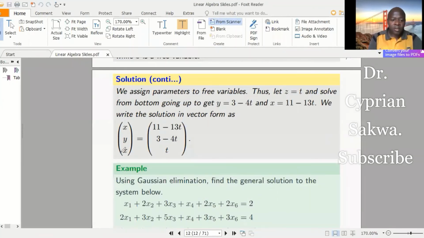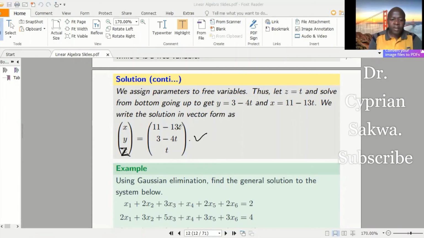Just a slight correction: this is z. Z was t. Y was 3 minus 4t. And x was 11 minus 13t. So this is our solution. Remember that this system has various solutions. If you make t to be 1, you get one set of solutions.